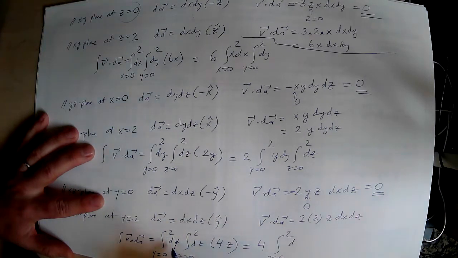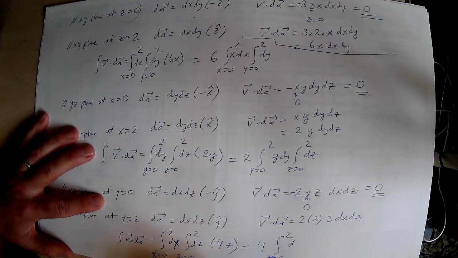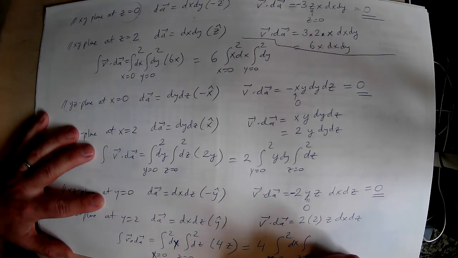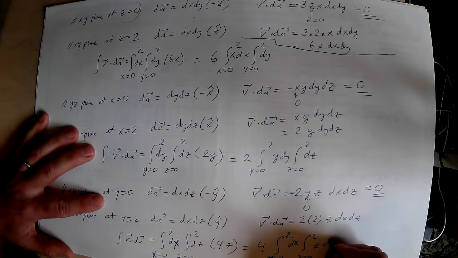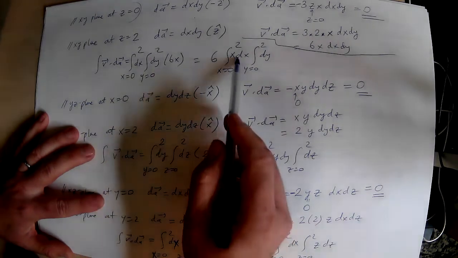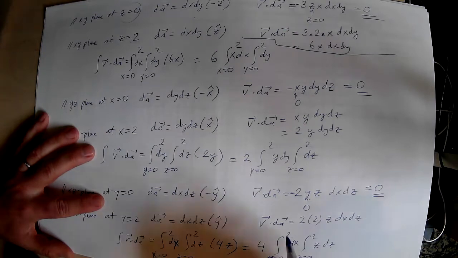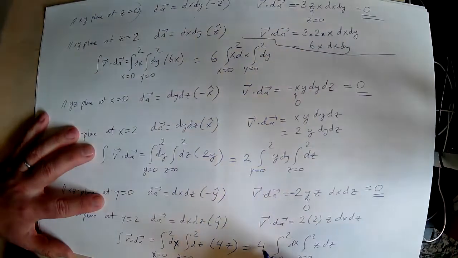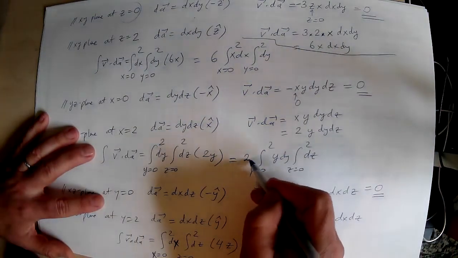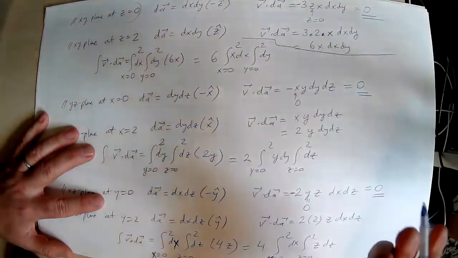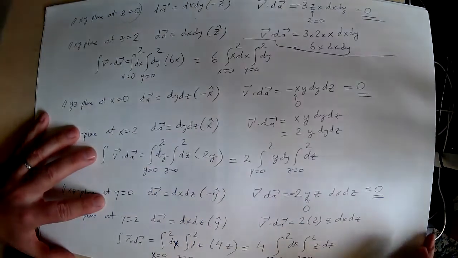I made a mistake, okay, x equals 0 to 2 dx. I just made this mistake. Let's correct that. And then z equals 0 to 2 of z dz, right? Again, the same thing. So 4 of them, 2 of them, 6 plus 6, 12. 12 of the same integral.